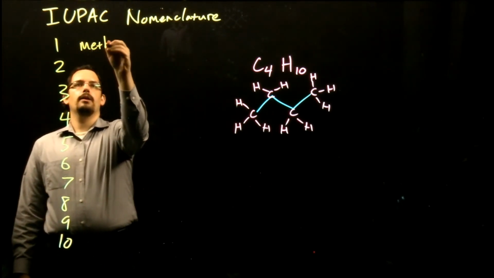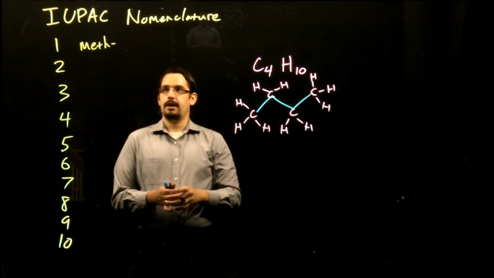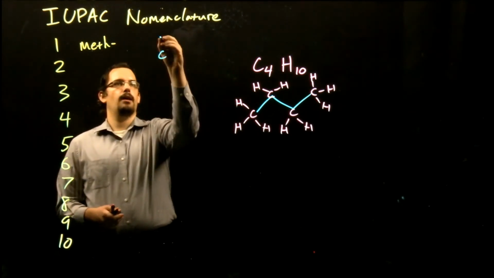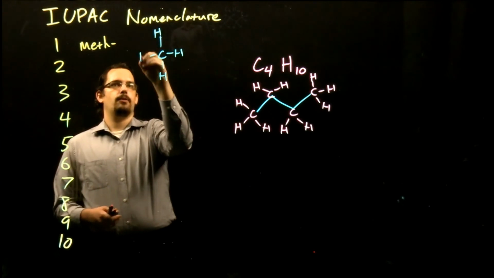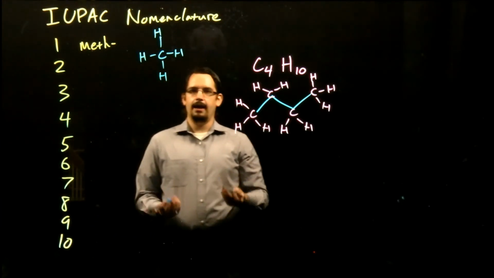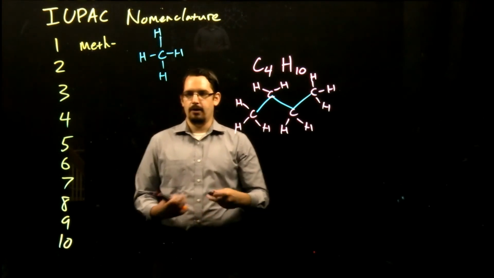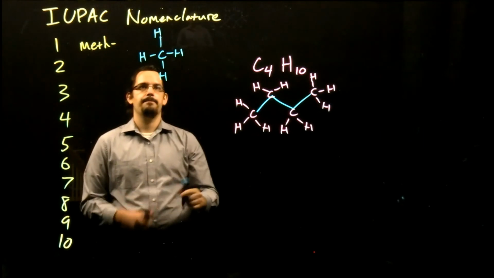If we have 1 carbon, we use the meth prefix. That would indicate a single carbon. So I'll go ahead and draw out my single carbon here. Now, as we know, this is an alkane because it has carbon and hydrogens only, with no carbon-carbon double bonds or triple bonds. It's only carbon-carbon single bonds.